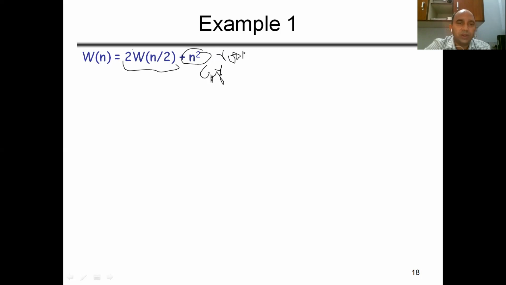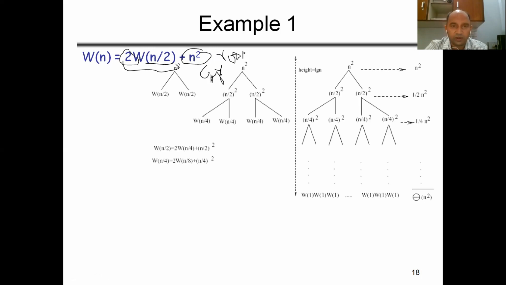This 2 represents the number of branches of the root, and W(n/2) represents that the problem is reducing in each step by 2. So let's draw a tree for the first step.